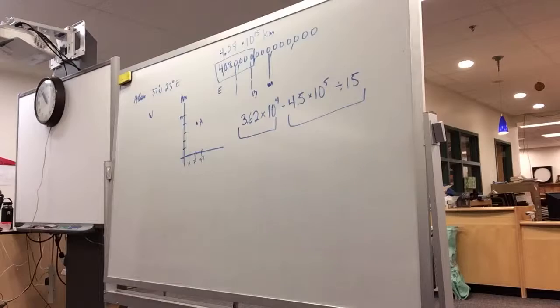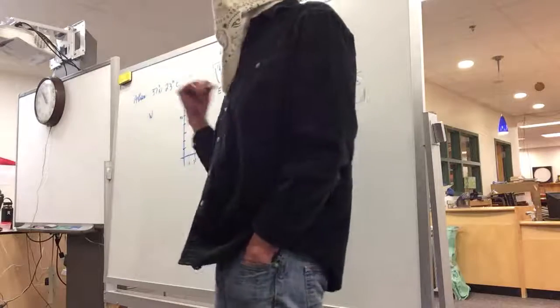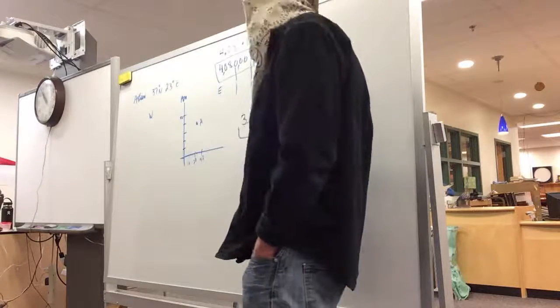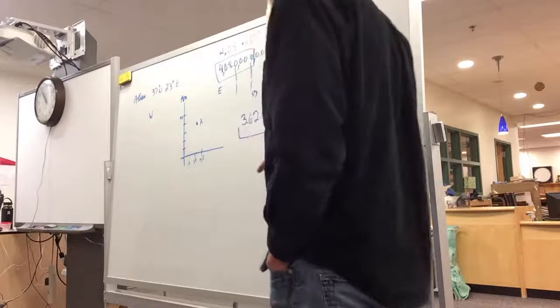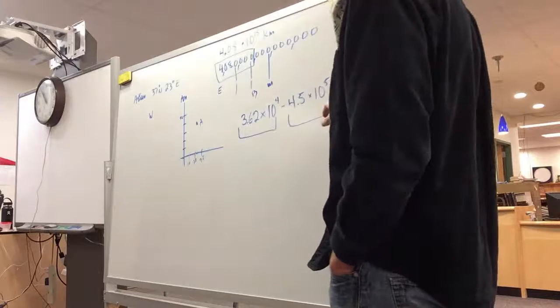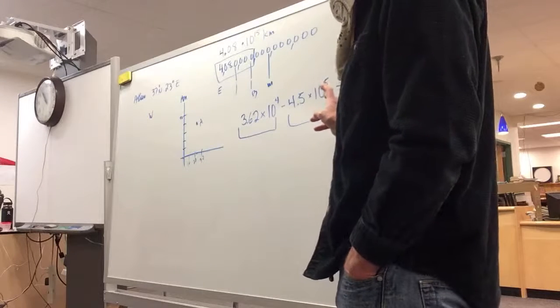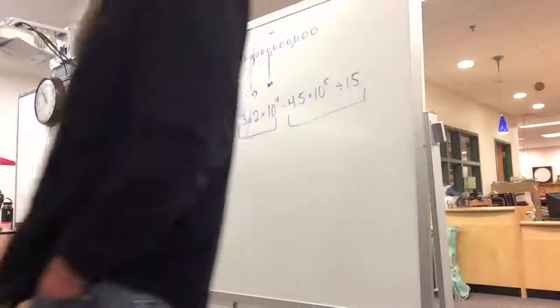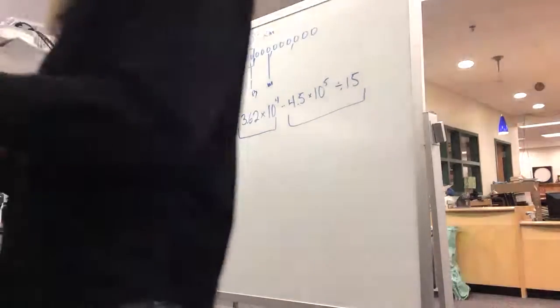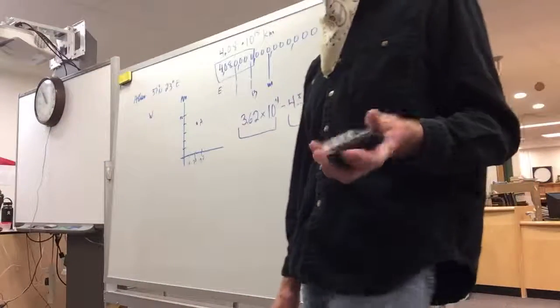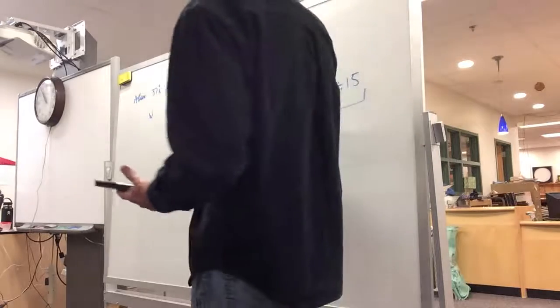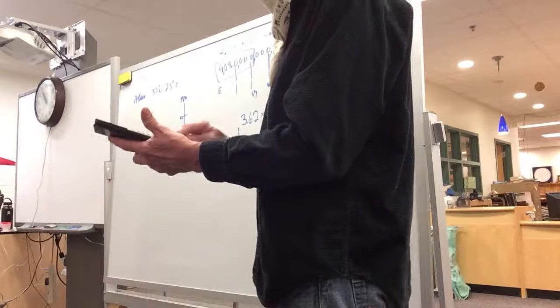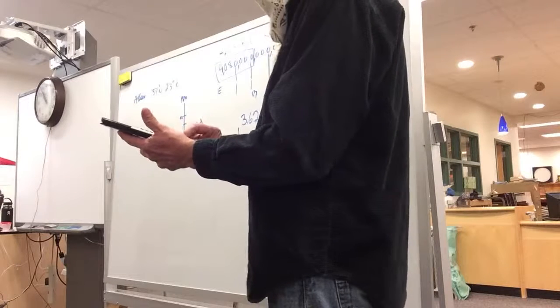Refocus up here, please. Regarding something like this and working on the calculator, you can always calculate this first. And then make a new calculation where you do the 4.5 times 10 to the 5th divided by 15. So let me show you how to do that. Start with a clear screen. And try not to jump ahead thinking that you know where you're going with it, unless you really do know where you're going. But here's what I would do. Take 3.62 times 10 to the 4th, and hit enter.